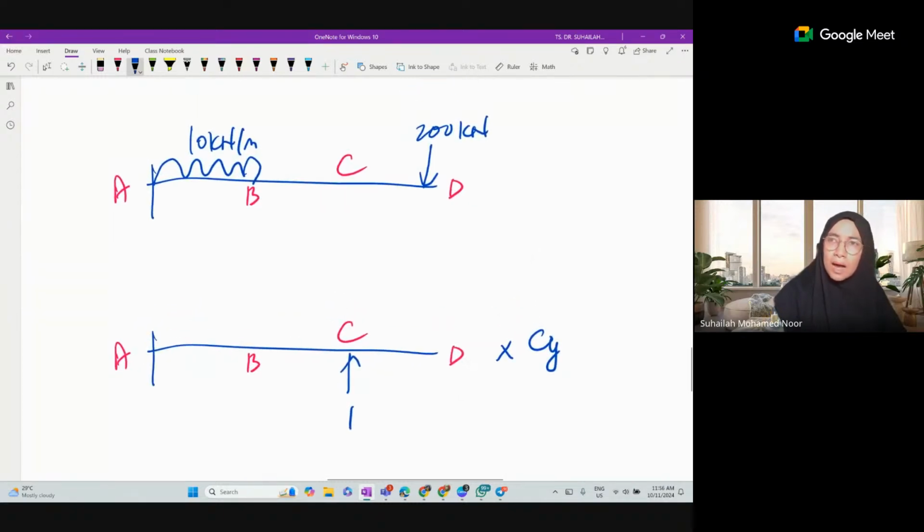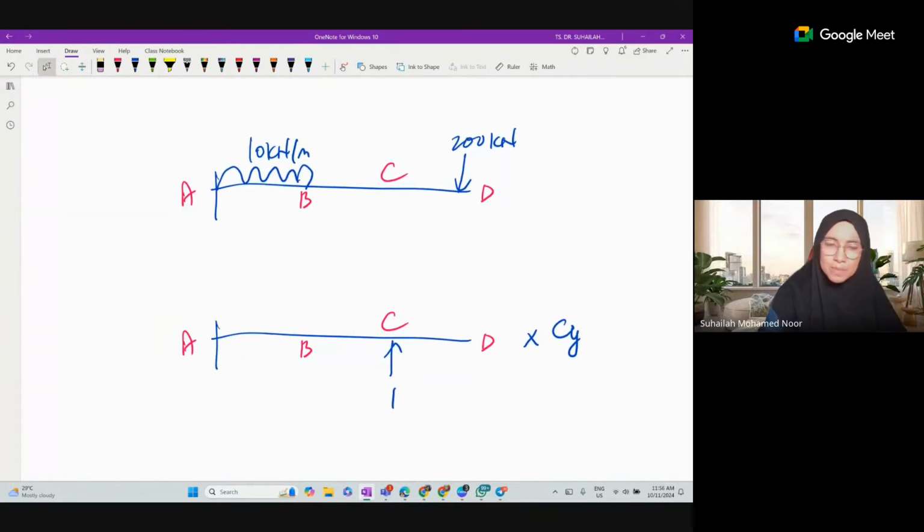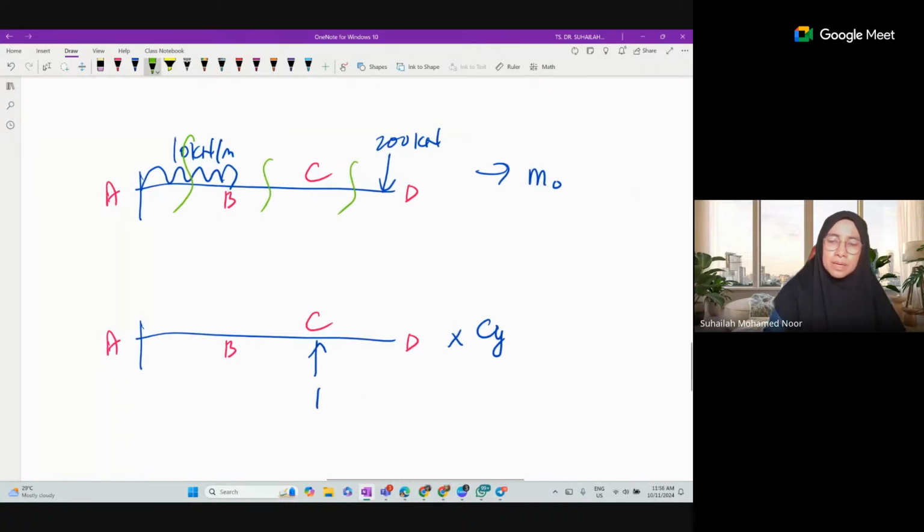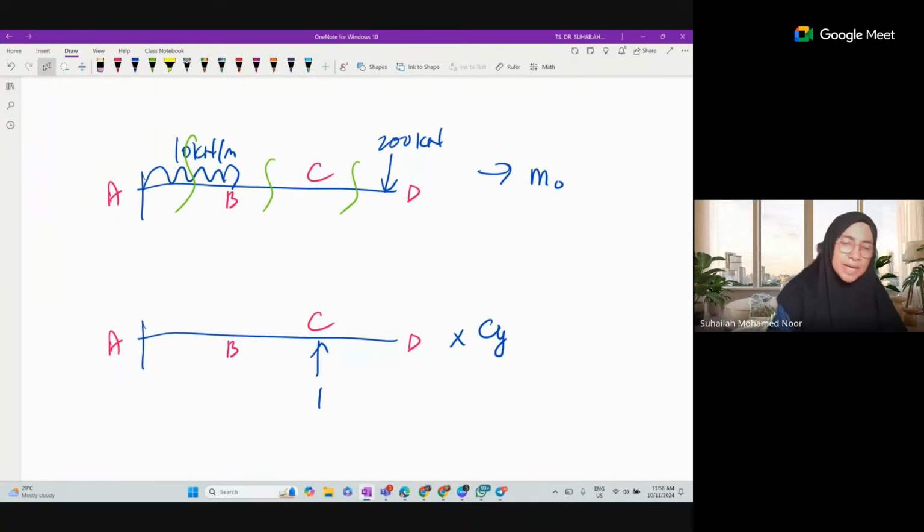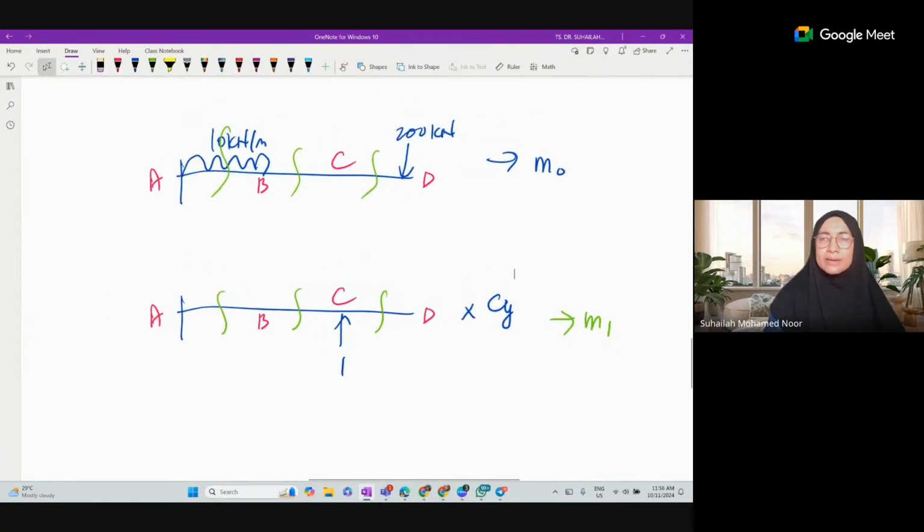So these are the two determinate beams to be analyzed. The first one, the primary beam, gives us M naught, the moment equation, and the second one, the redundant Cy applied, gives us M1. That is the idea about the principle of superposition and the flexibility method.